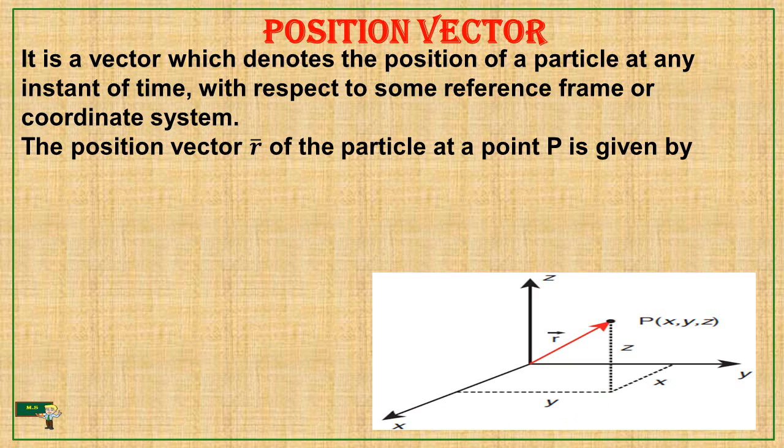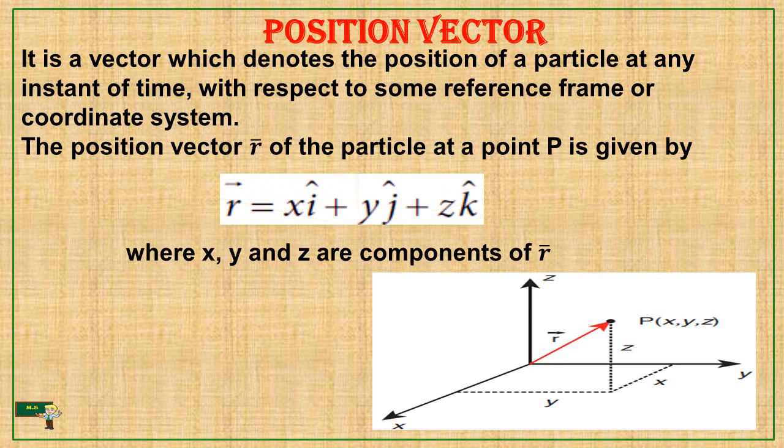The position vector r of the particle at a point P is given by r vector = x i cap + y j cap + z k cap. Here x, y and z are components of the r vector.